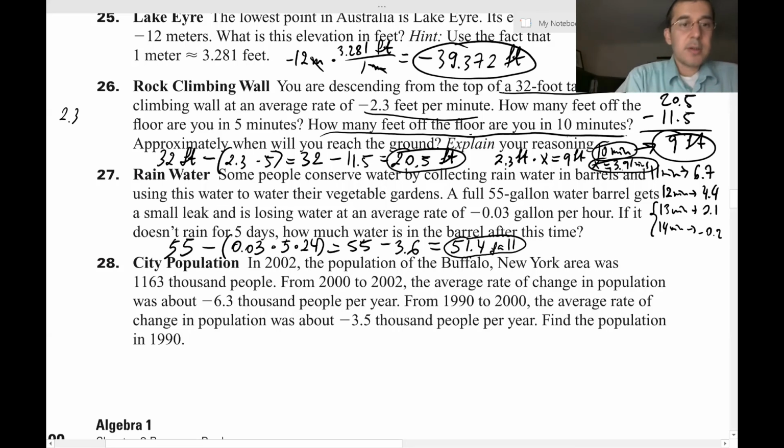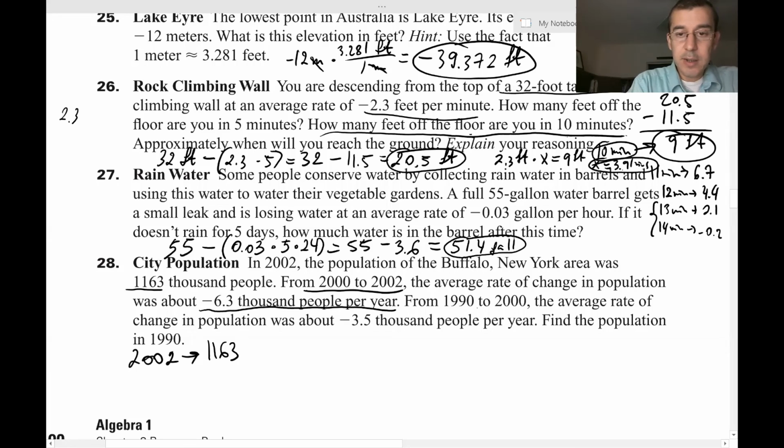City population. In 2002, the population of the Buffalo, New York area was 1,163,000 people. From 2000 to 2002, the average rate of change in population was about minus 6.3 thousand people per year. From 1990 to 2000, the average rate of change in population was about minus 3.5 thousand people per year.